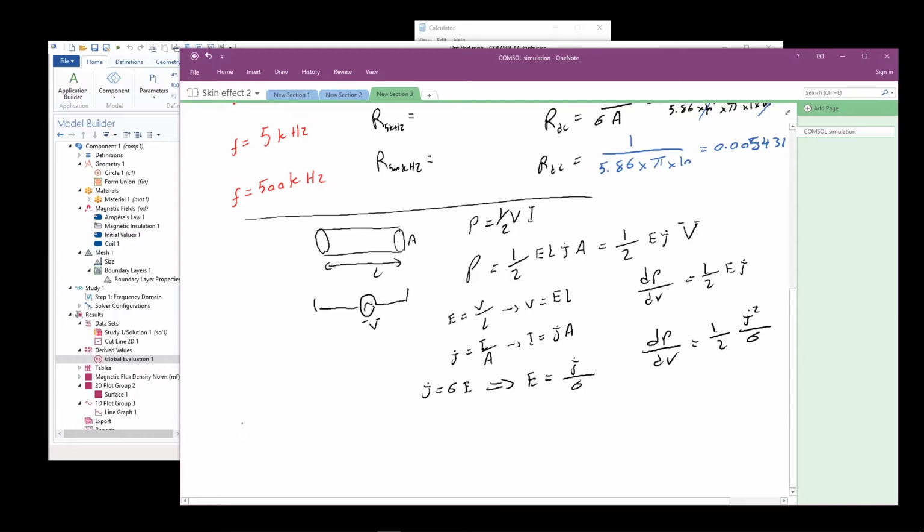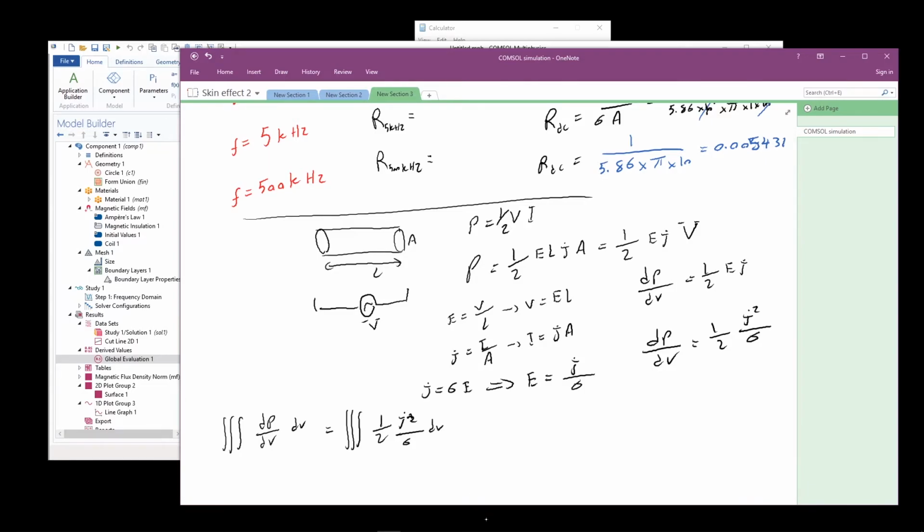So if I take the integral of this power density, dP over dV over the volume, then I have also the integral of J squared divided by sigma dV.